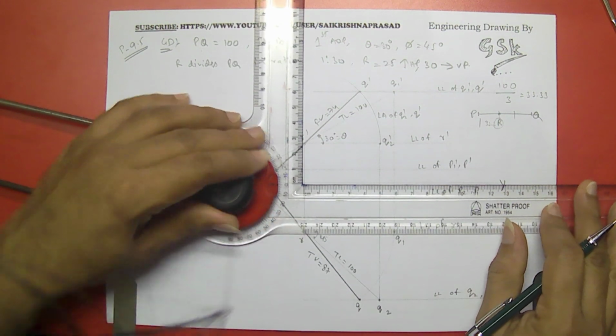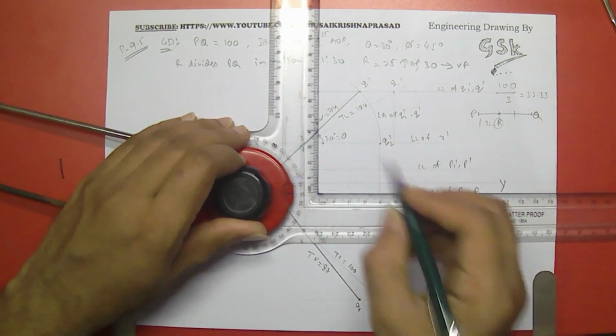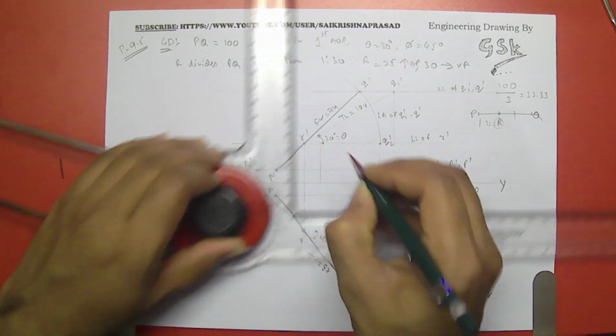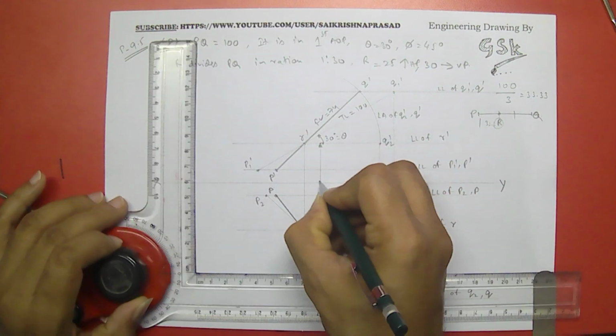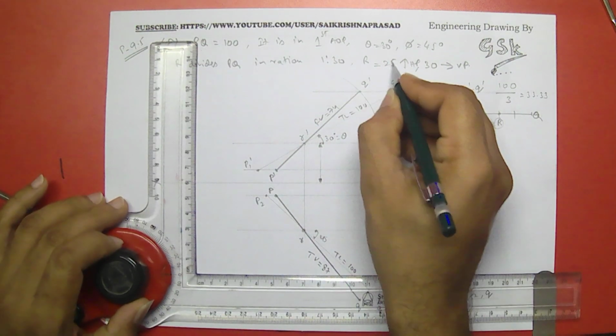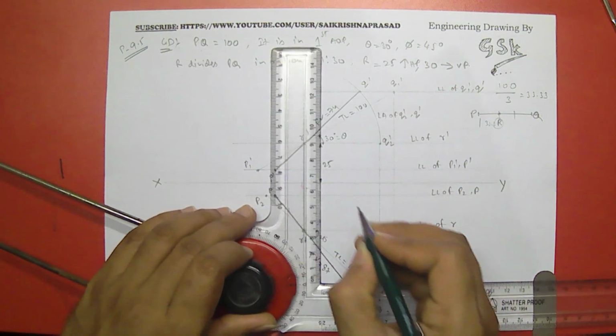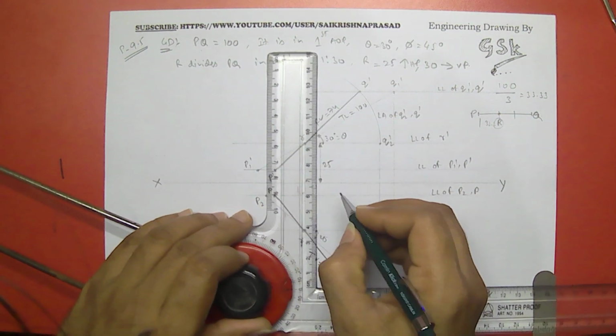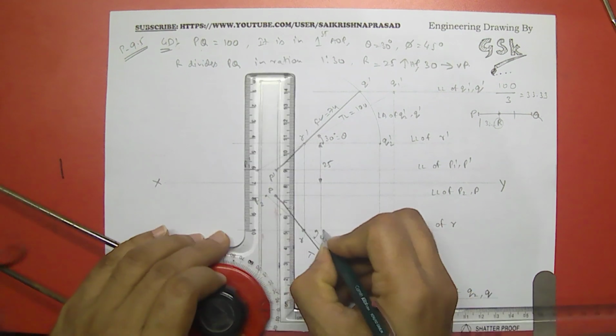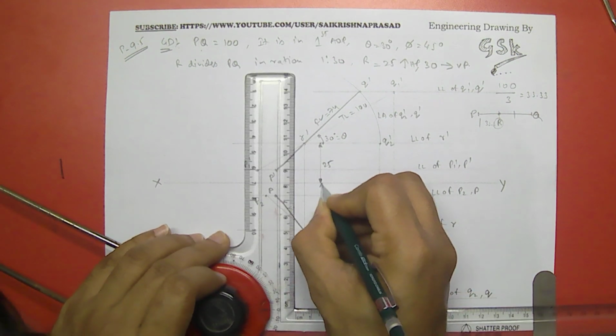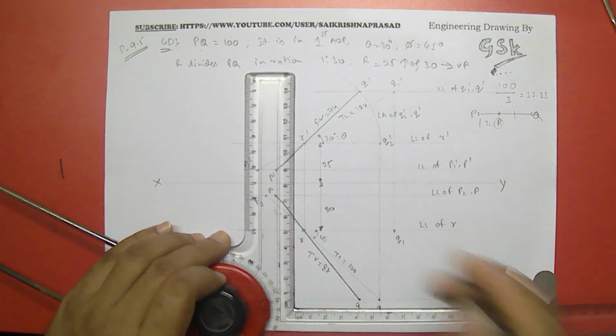So this distance is 25, and this distance is 30.